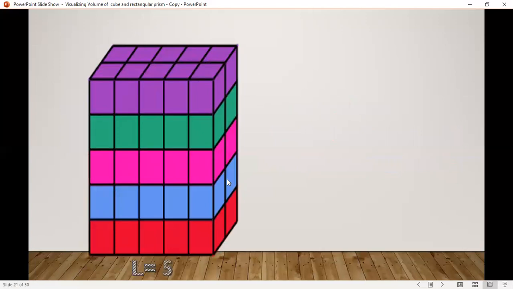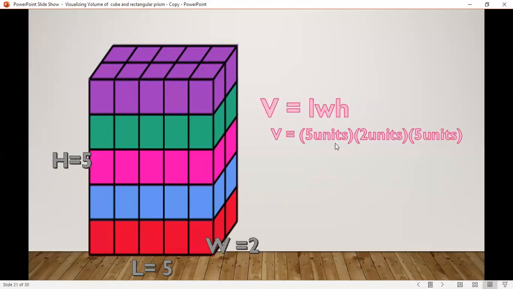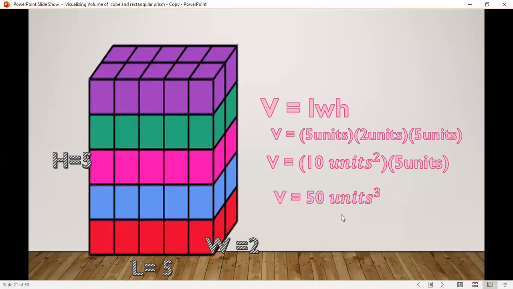Length 5, width 2, height 5. Volume, length 5 units, width 2 units, height 5 units. 5 times 2, 10. Units times units, units squared times 5 units. 10 times 5, 50 units cubed.